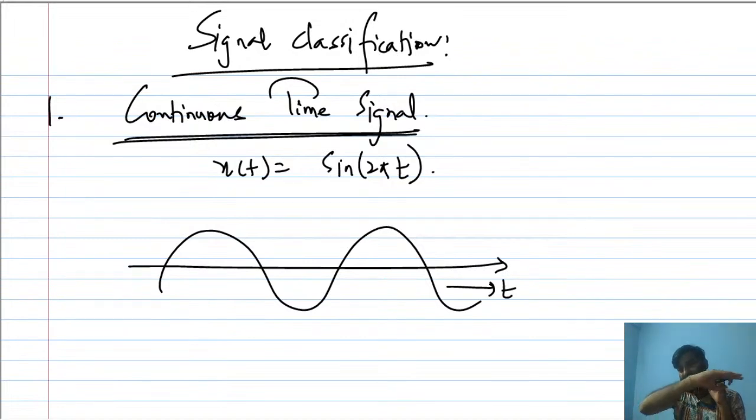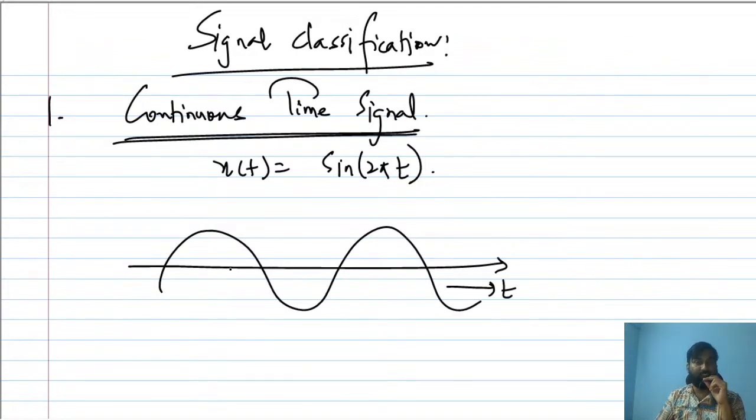There are many events happening. Your sine wave sometimes goes high, then comes low, then again goes high. So it is continuous.